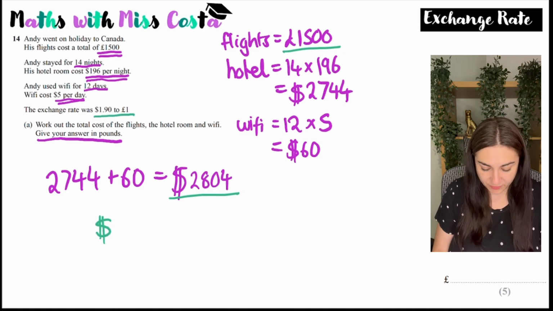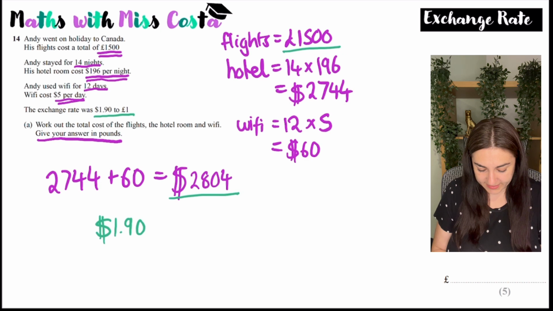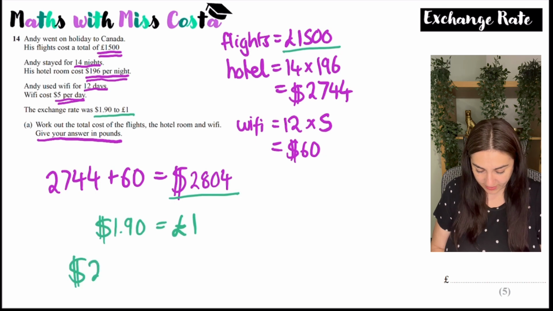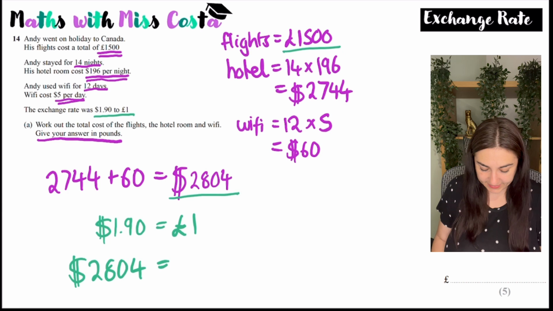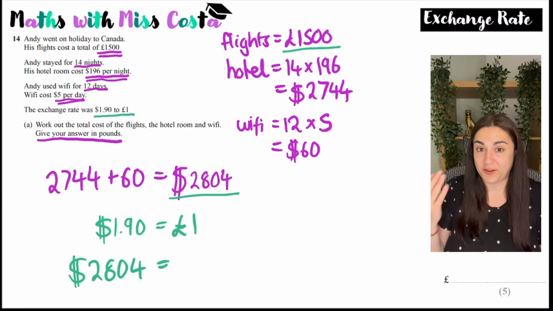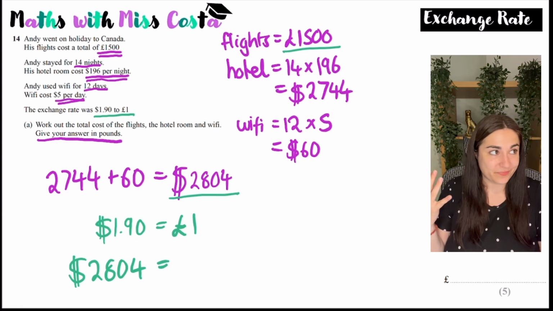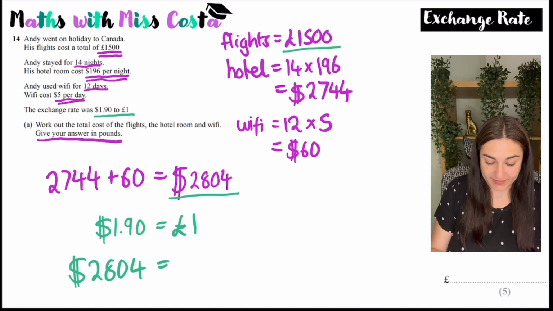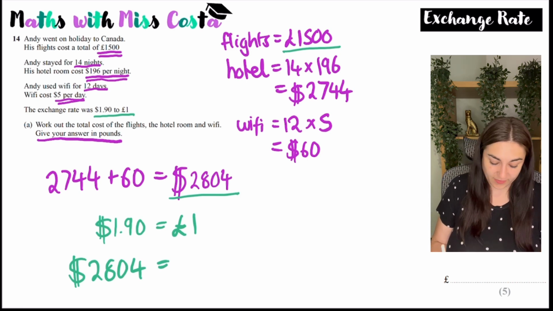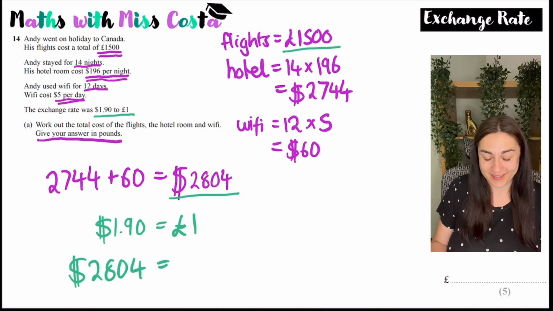Now I know the exchange rate is $1.90 to £1. So if I want to figure out what $2,804 is, I need to figure out how I can convert dollars to pounds. So there's a few ways you can do this. Either you can do a complicated way or you can do the simple way.